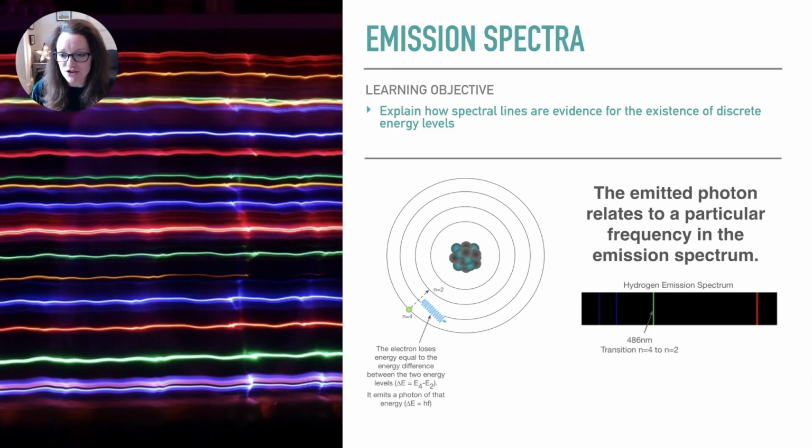And in emission spectra, you have a black background where there are no photons of light, and wherever these electrons are going between energy states, it gives out a spectral line that relates to that transition between energy states. We're going to talk about that in a bit more. But an emission spectra is when a photon is released that relates to the energy difference between two energy states.